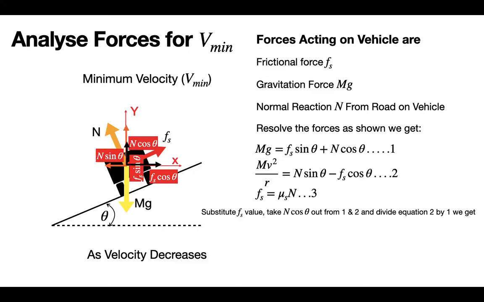If you substitute the Fs value, take N cos theta out from equations 1 and 2 and divide equation 2 by 1, we get the minimum velocity equal to the square root of rg into tan theta minus mu s divided by 1 plus mu s tan theta. So that's the minimum velocity for circular motion on a banked road.